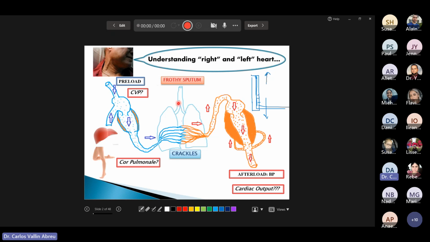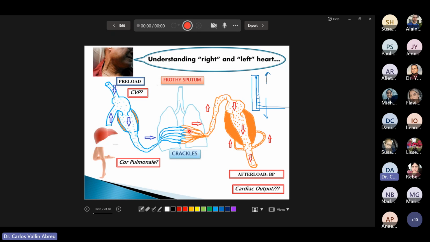So now you have too much liquid in the lungs, and because too much liquid in the blood vessels of the lungs increases the capillary pressure, the liquid will spill into the alveoli. Now you have liquid in the alveoli. The alveoli is supposed to have air, not liquid. So when the air enters and reaches these alveoli that are full of liquid, it produces these sounds, the crackles, this churning sound of the air crashing with the liquid.